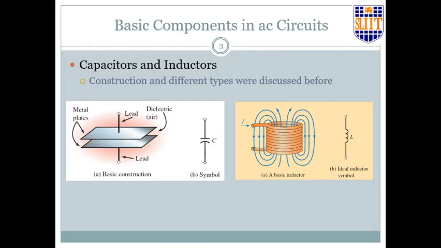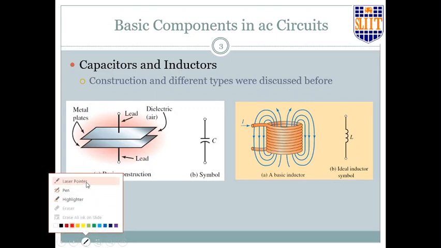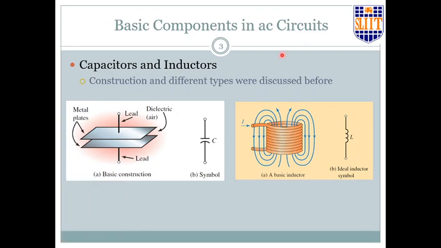To start with, we look at capacitors and inductors. We talked about capacitors earlier, but we did not use them in circuit analysis problems. Earlier, in DC analysis, we had only resistors. But now in AC analysis we will be getting capacitors and inductors.